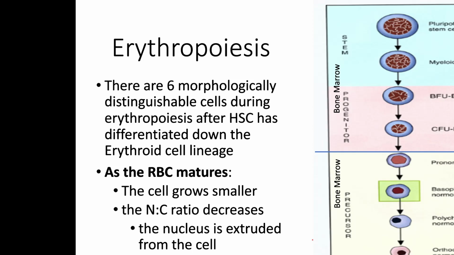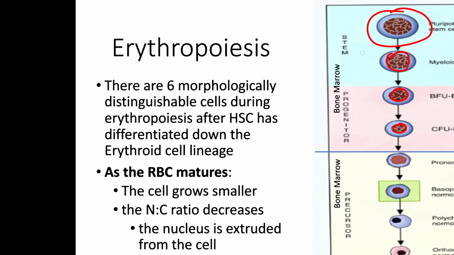So there's 6 stages that we talk about in erythropoiesis. Generally, as the RBC matures, we're going to see that the size starts shrinking down, and the nucleus also relatively gets smaller, especially compared to its cytoplasm.